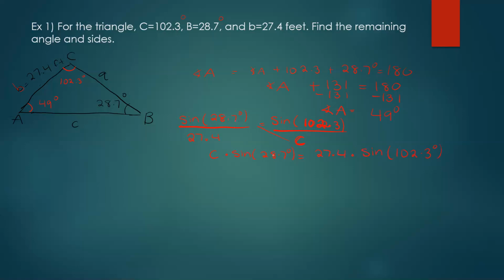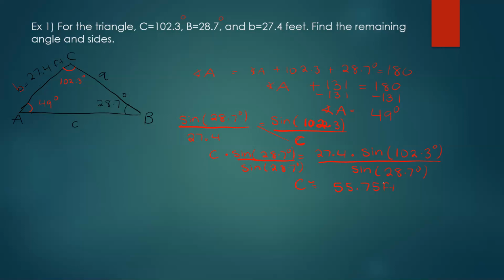Then solve for c by dividing by sine of 28.7. When I put this in the calculator, rounding to 2 decimal places, I get 55.75 feet.